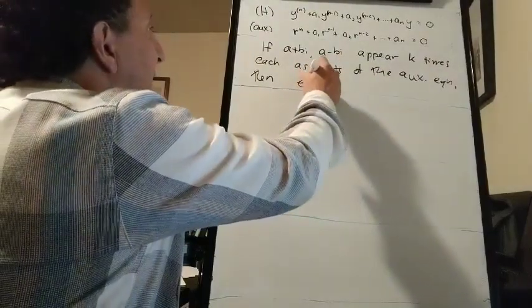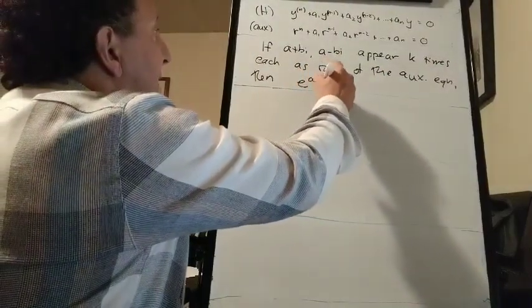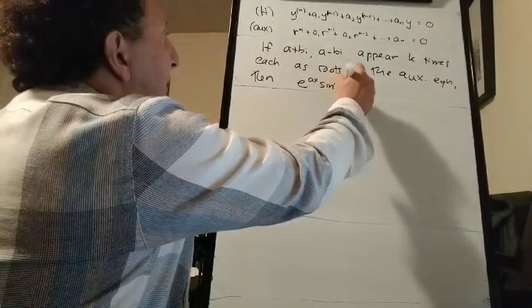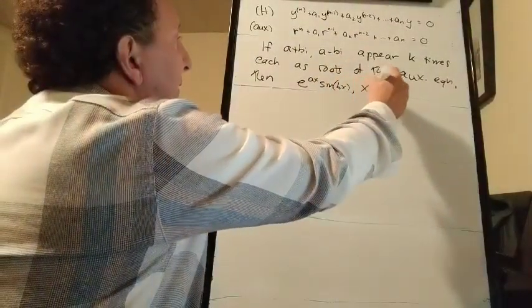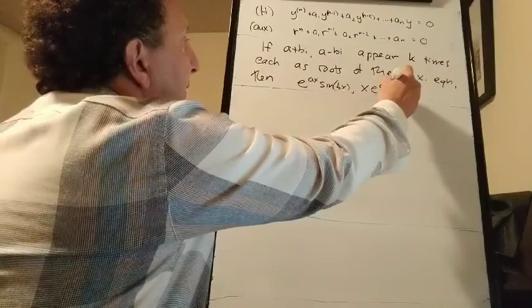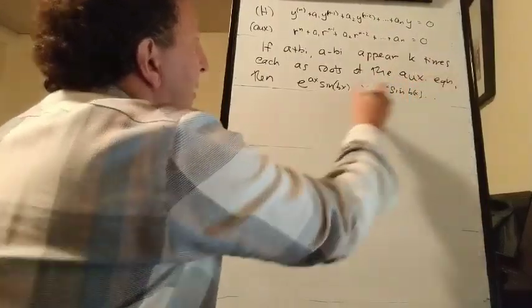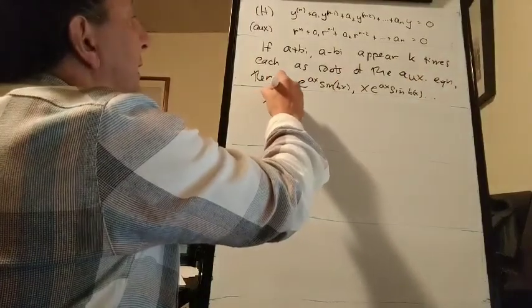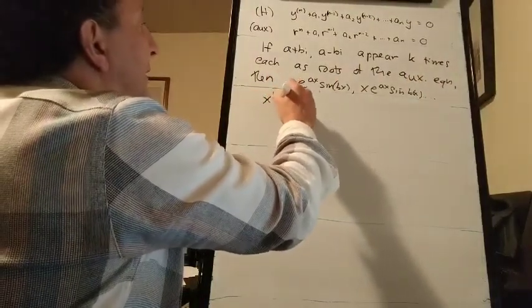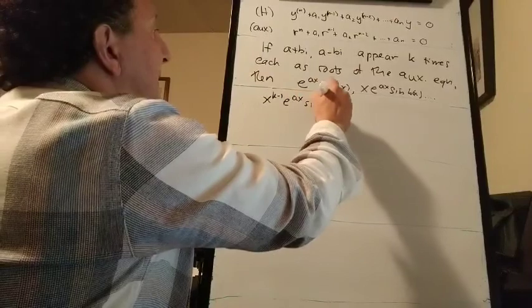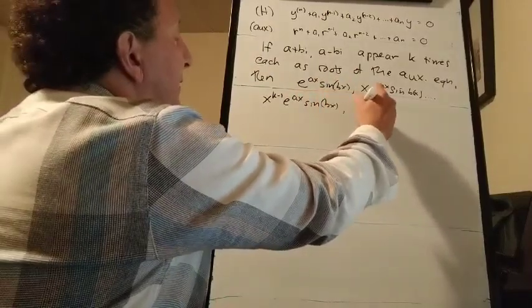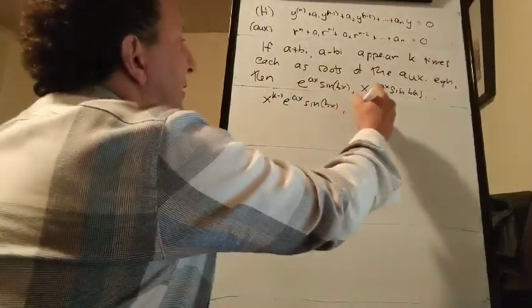Then e to the ax sine bx, x e to the ax sine bx, up to x to the k minus 1 e to the ax sine bx, and then we do the same thing for cosine.